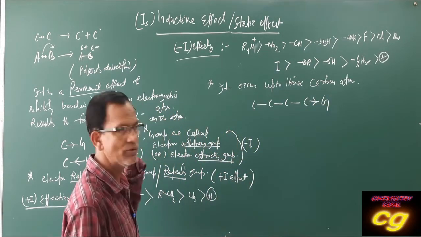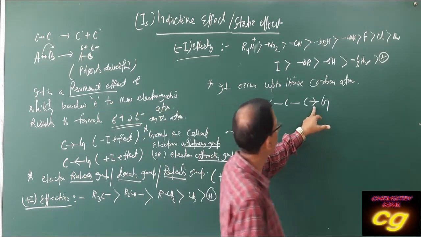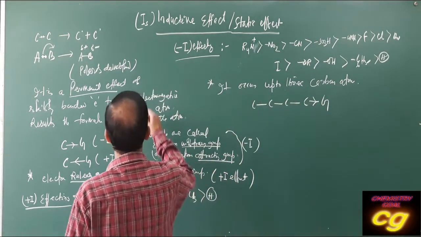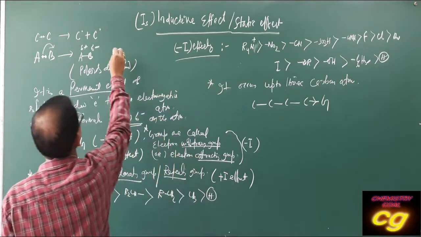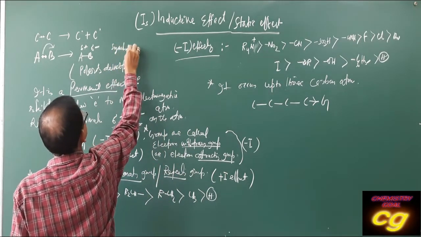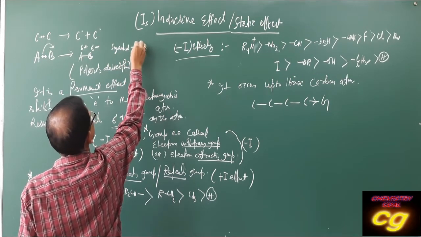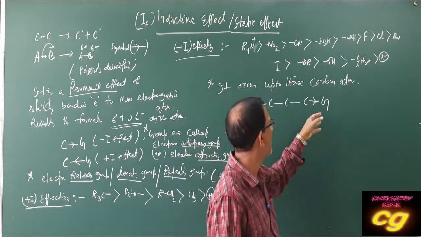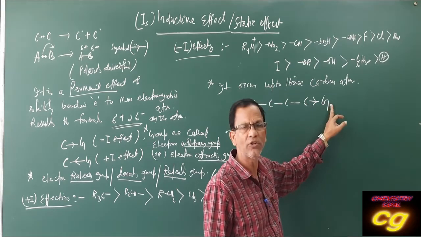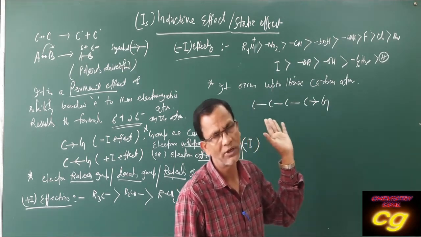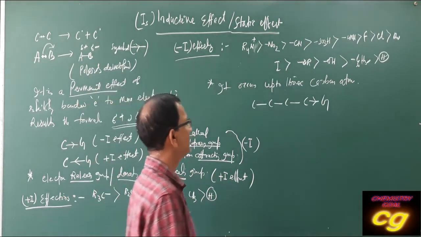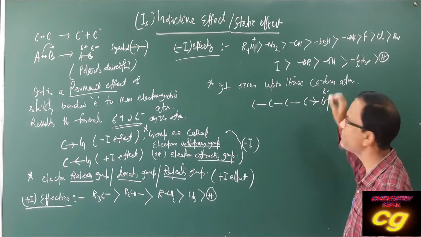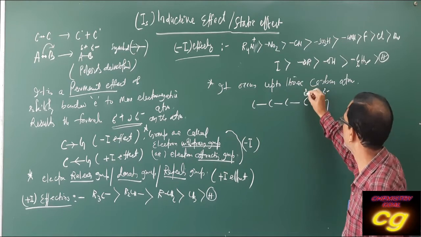The symbol of inductive effect is a line with an arrow; it is a permanent effect. The head indicates the more electronegative atom and the tail indicates the less electronegative atom. Then G, being more electronegative, carries partial negative charge, and the less electronegative carbon becomes partially positive.